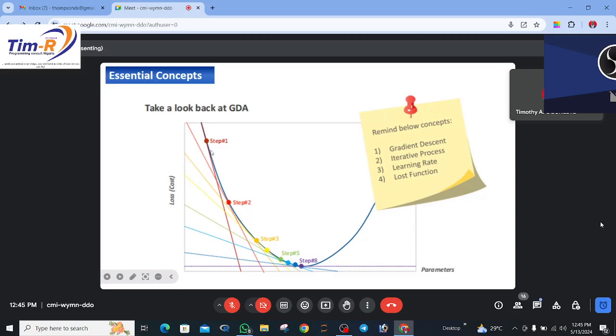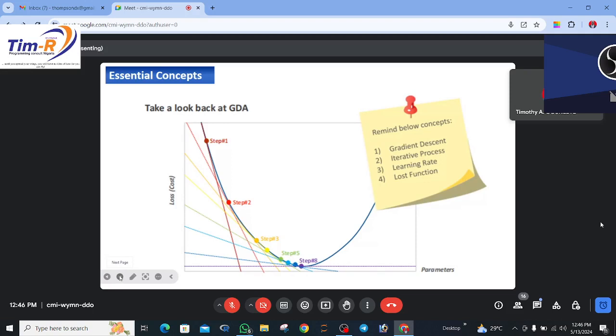But in certain cases, some deep learning models misbehave due to certain things, which can be the gradient descent function, the iterative process, the learning rate, or the loss function itself. So we are going to be looking at some things that can influence a deep learning model to learn very well, and the things that affect it from learning very well.